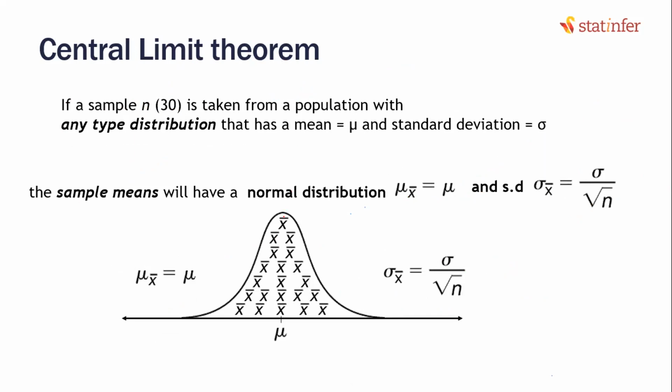The averages will follow normal distribution. Most of the times, this normal distribution will have whatever is the population mean. Mu is the population mean. That will be 35. It will be around this.